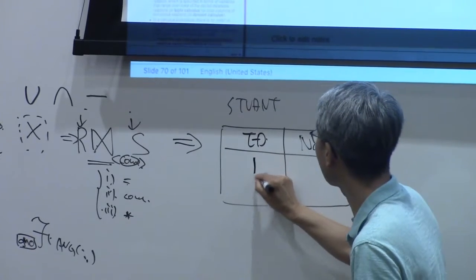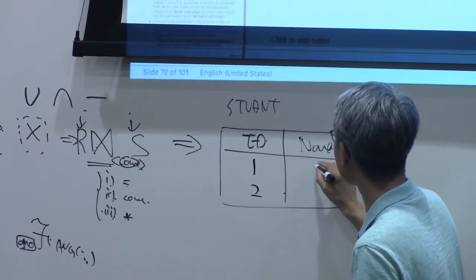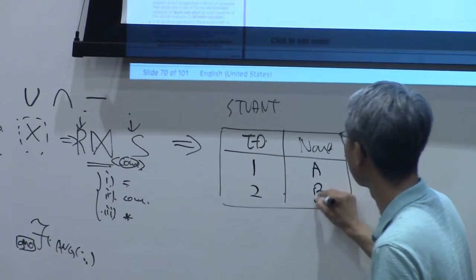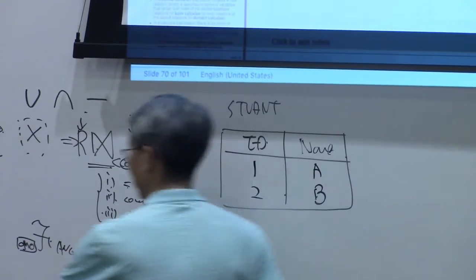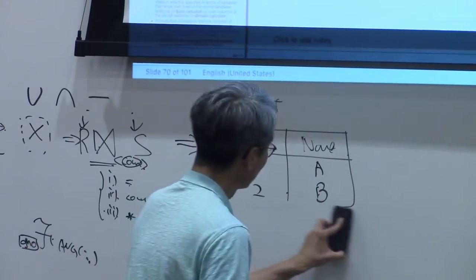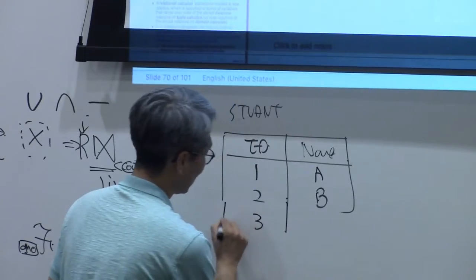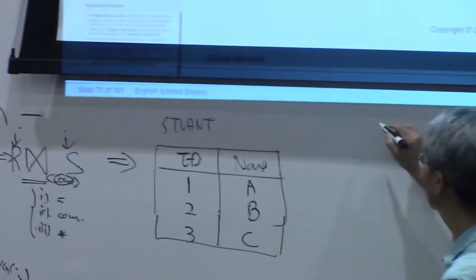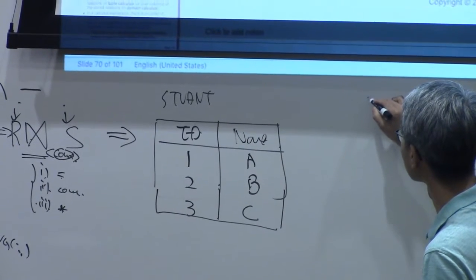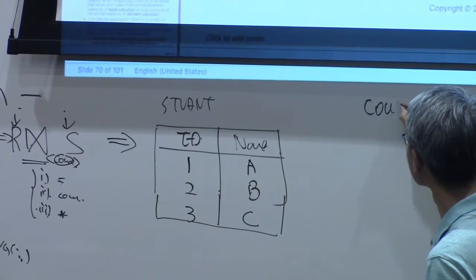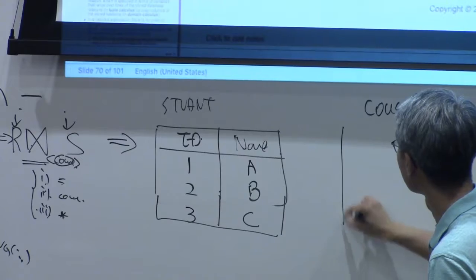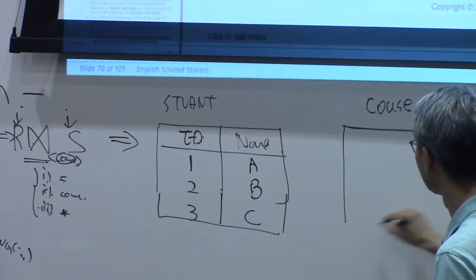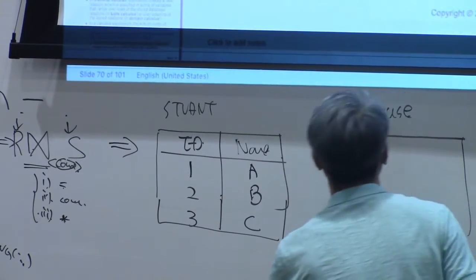ID is 1, 2, and name is A and B, and C. And there is the course registration relation.